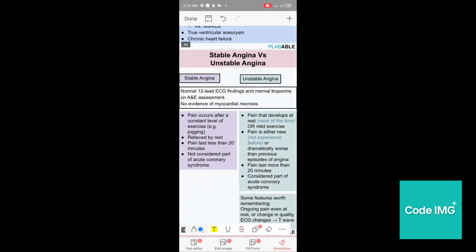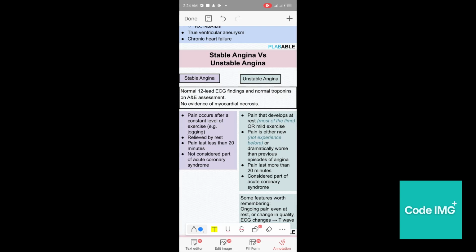So, stable versus unstable angina. In stable angina, the ECG would be normal, and the patient has pain with exertion. In unstable angina, he has pain during rest. If a patient has stable angina but the pain is becoming more intense and more frequent, it is turning into unstable angina.